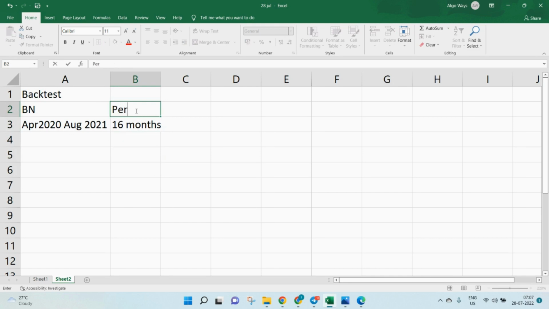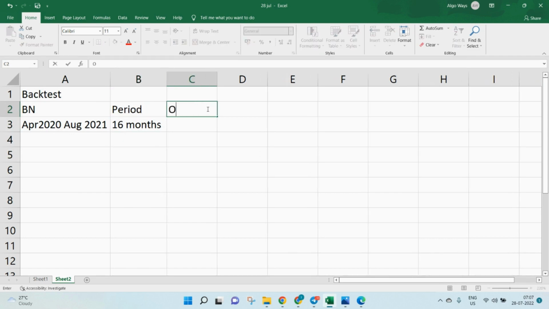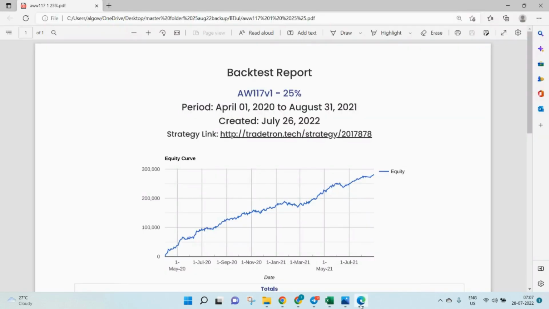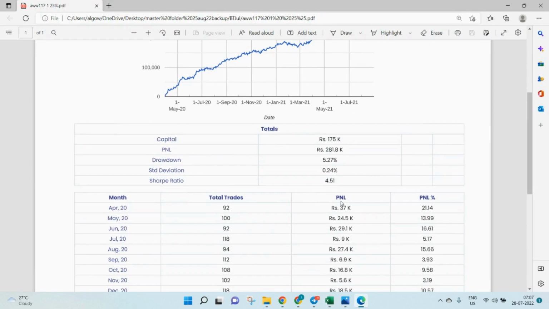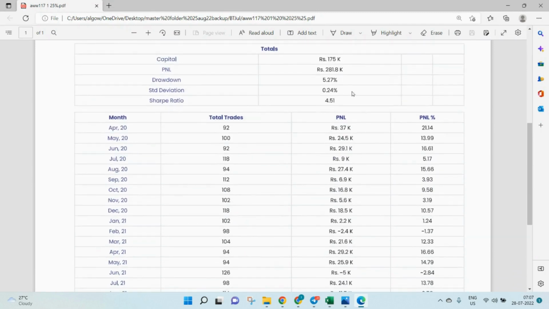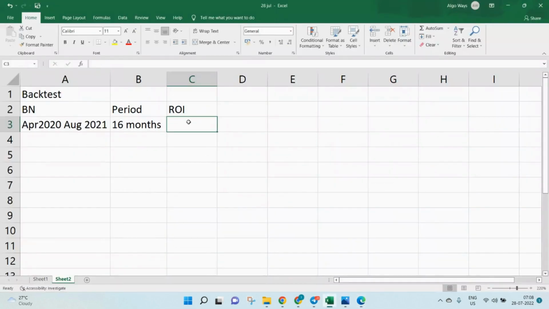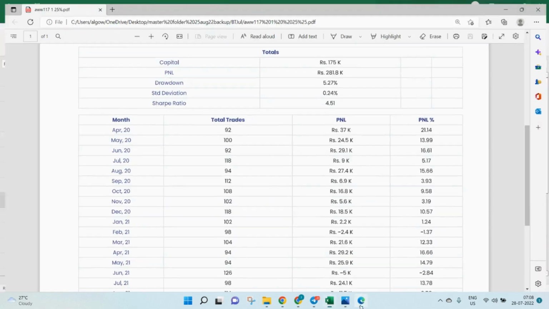This is the period. ROI is 281,800. Drawdown is 5.27%.